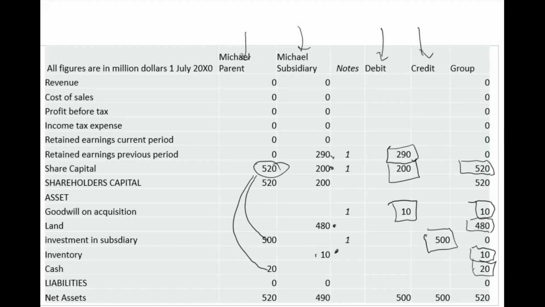Because Michael Parent and Michael Subsidiary is just one entity, a group entity, it's all about Michael.